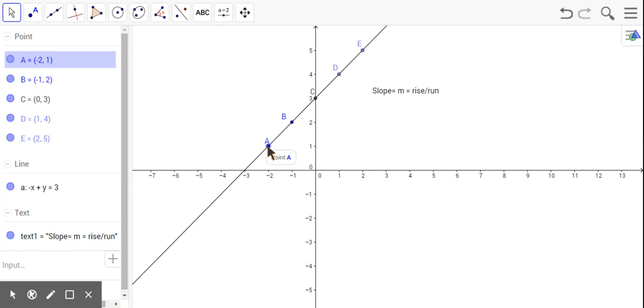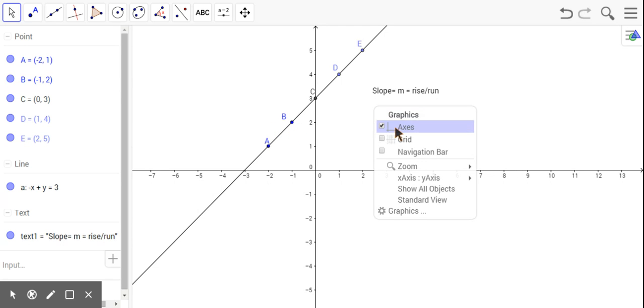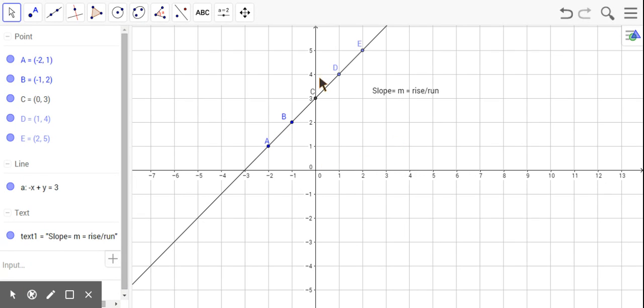It's how much a point on a line rises and runs to the next point. Rise being up and down, run being left and right. So for every point here, you can go from A to B and you'll get the same thing. Or you can go A to C, you could go B to E, and no matter what, this fraction, this rise over run, will be the same. Okay?